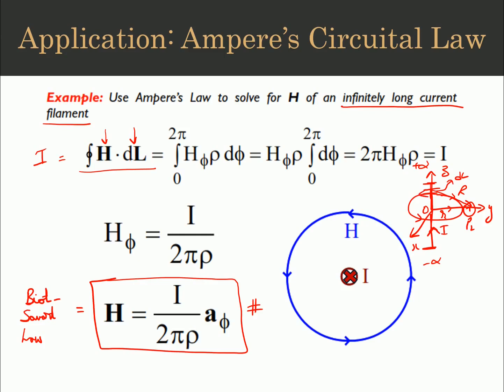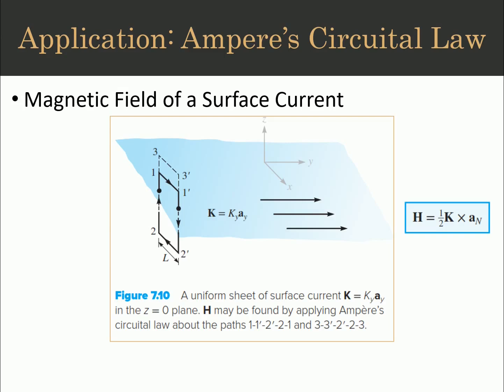Once you integrate this, H becomes H of phi times rho d phi. This is basically your differential element dl, and then you take out the coefficients and just integrate d phi, so you get the same value, and thus the equation is similar to the Biot-Savart law for an infinite long conductor.